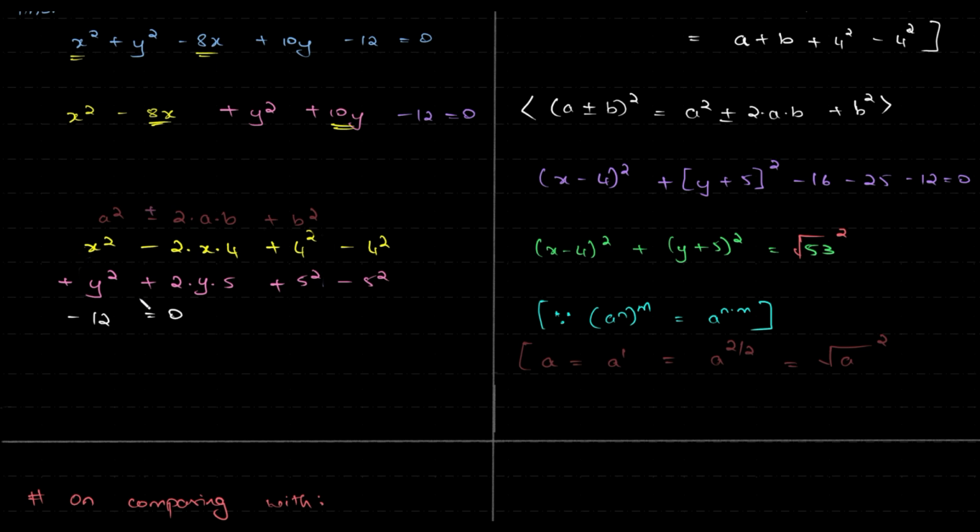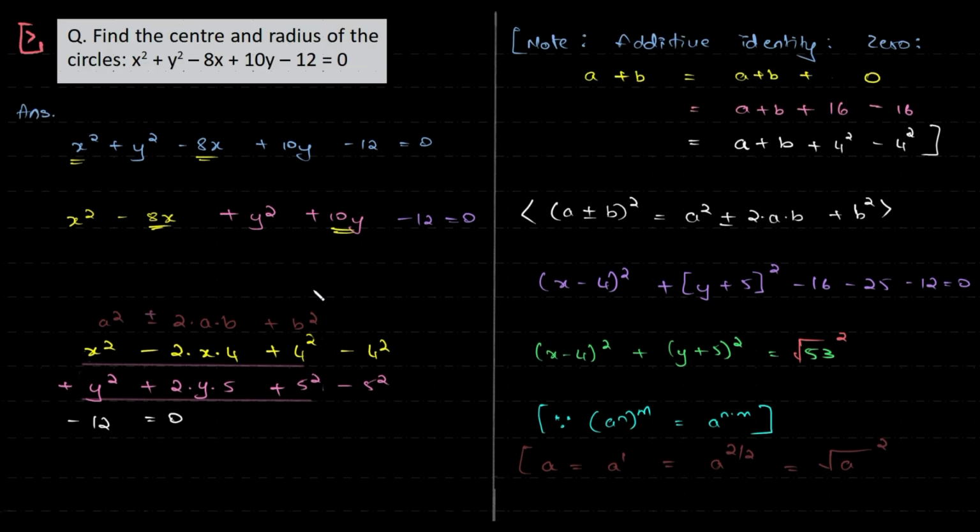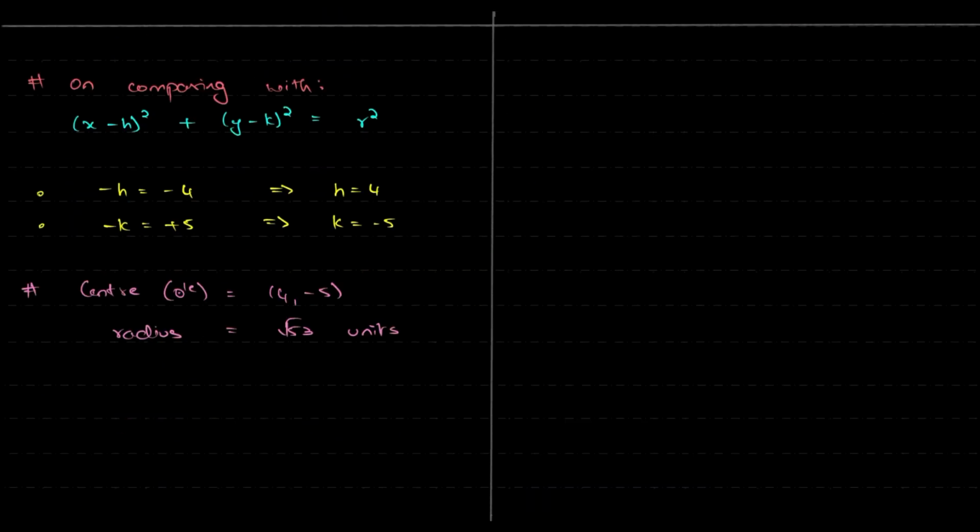I think that's okay. You guys will be able to figure that out. Right, from there we get a plus b the whole square and a minus b the whole square. I think that representation is better. Okay, guys.